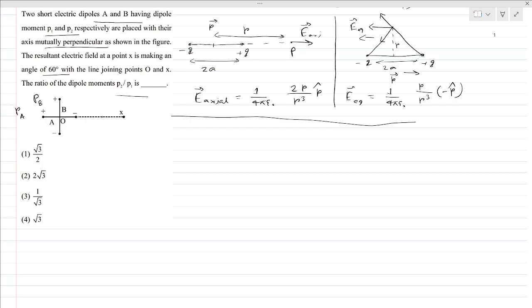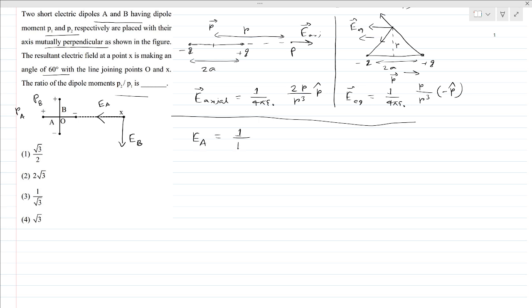That means the electric field direction will be along this direction, and we call it EA vector. And for dipole B, the direction will be from plus to minus q charge, so along this direction. This is EB.